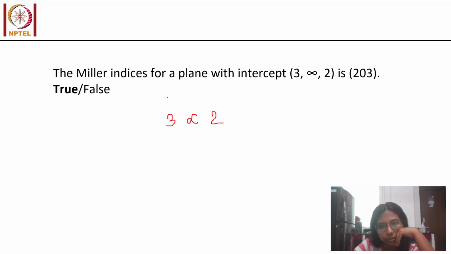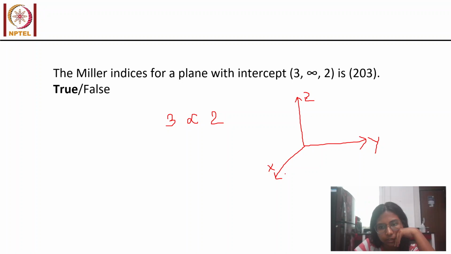So what has to be done? It means that if I have my coordinate axes like this, such that this is the x direction, this is the y, and this is my z direction.